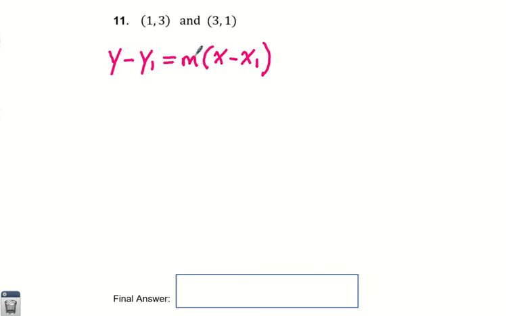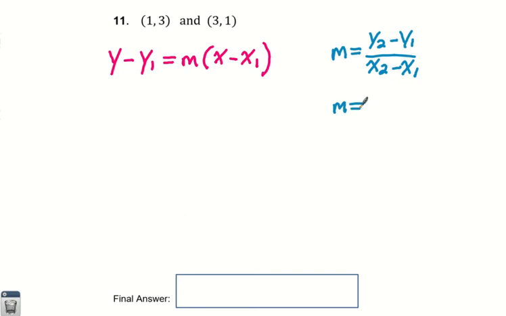Oh, they didn't give me the m for free. That's okay, because if they gave me 2 points, I can find the m myself with this formula, which you should be very familiar with at this point in time.